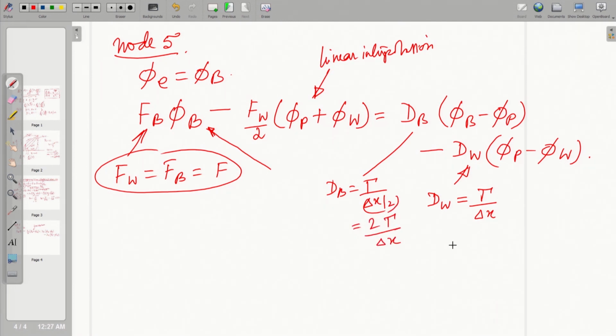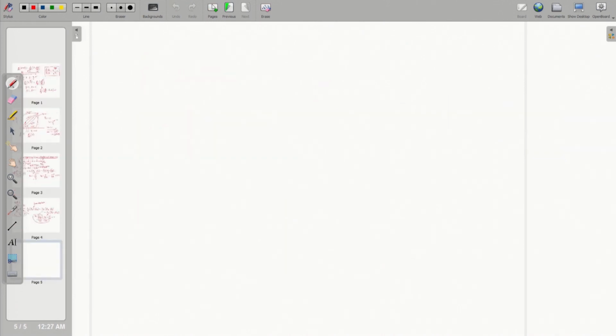So, things are somewhat similar to what we see in node 1. So, again if I call this d, this will become 2 d, right.